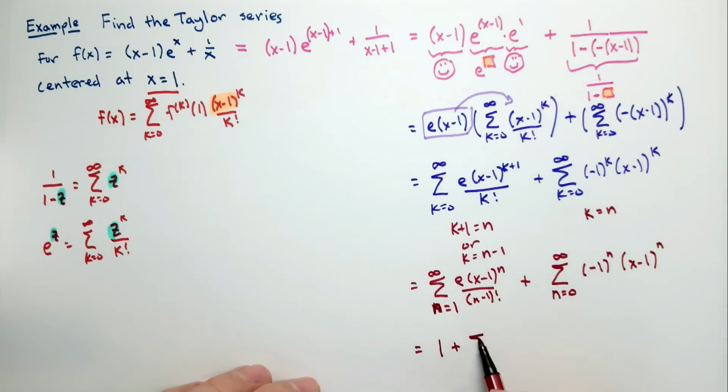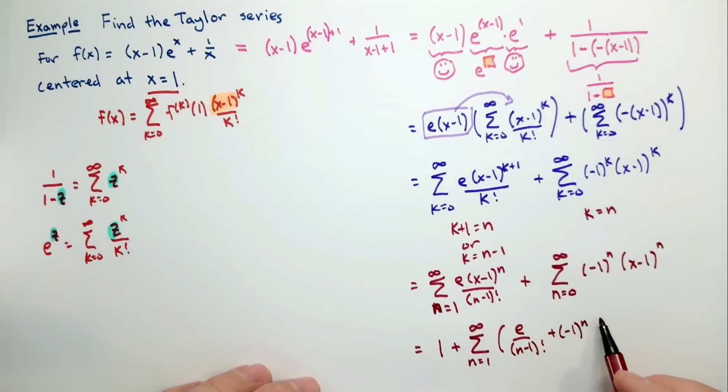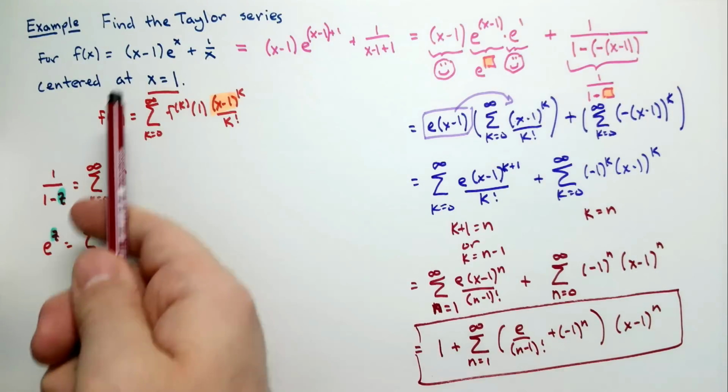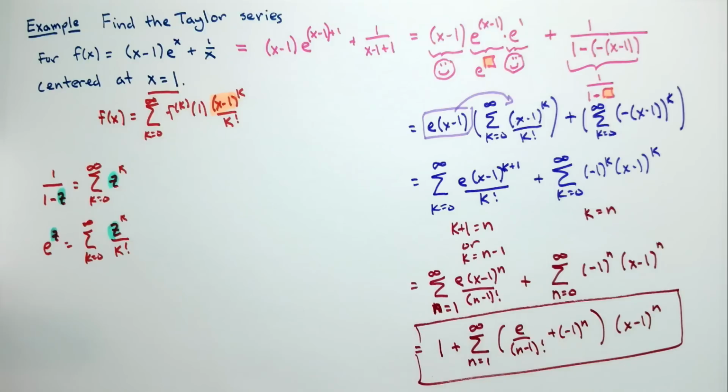So I get the sum from 1 to infinity of e divided by n minus 1 factorial plus minus 1 to the n, and then that's times x minus 1 to the nth power. And there we go. That's our Taylor series for the function f of x equals x minus 1 e to the x plus 1 over x centered at x equals 1.